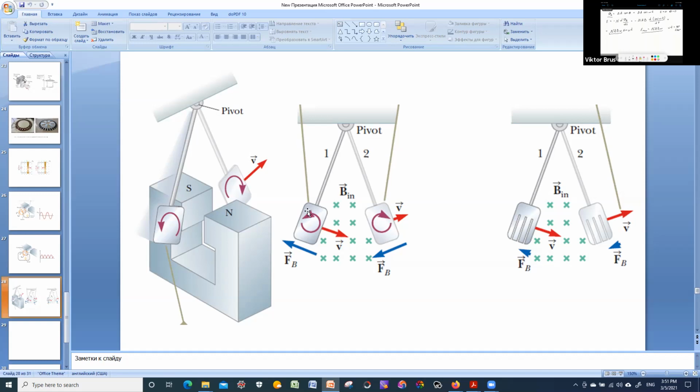So both of them create some alternating magnetic field, which generates eddy currents in aluminum disc. So this aluminum disc starts to spin because of some magnetic force acting on it, and this aluminum disc is connected to some mechanism which counts the revolutions of the disc, which is proportional to the electric power consumed in the network.